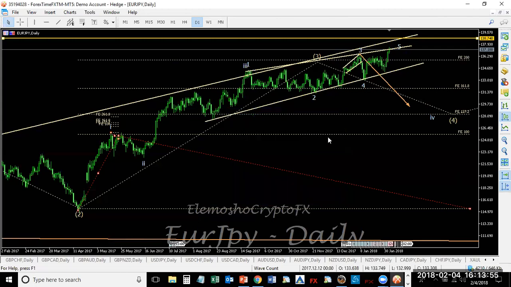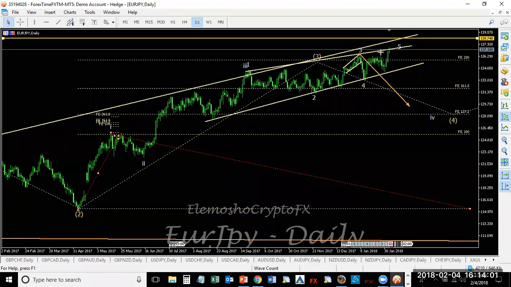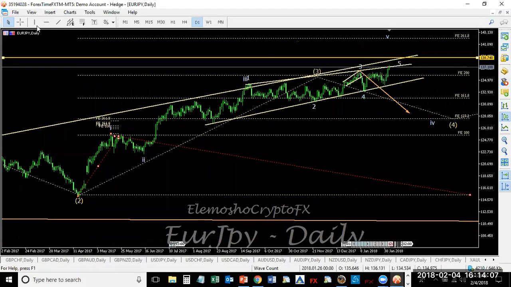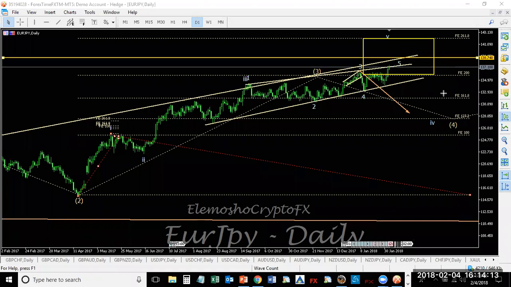So if I click on OK, definitely this is the zone where price is right now, and I'm not expecting it to go above that level. That's the 2.0 and 2.618. So the maximum price gets to is this area of price action for it to now go lower.